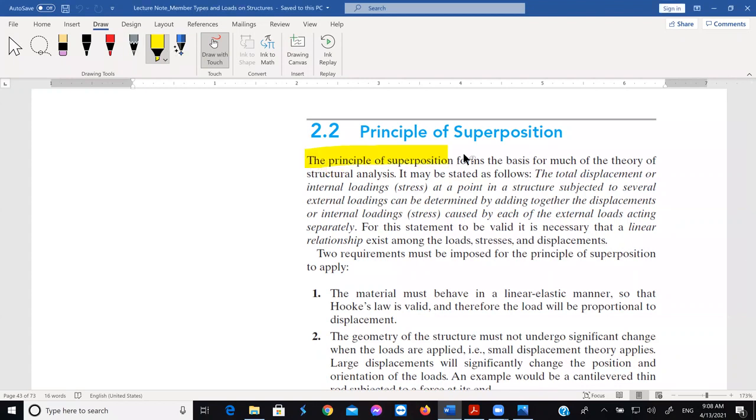The principle of superposition forms the basis for much of the theory of structural analysis. It may be stated as follows.